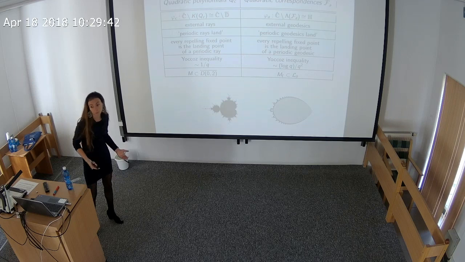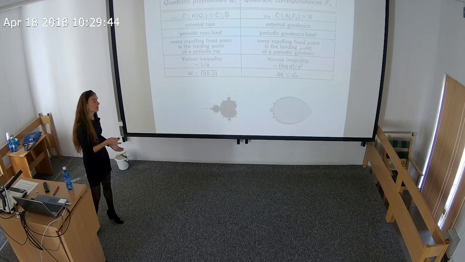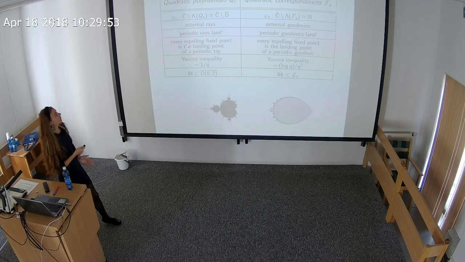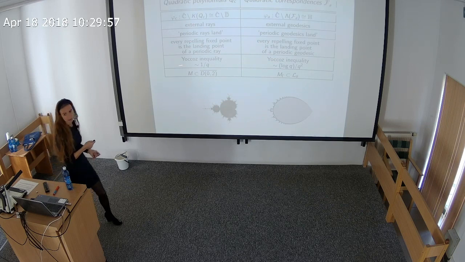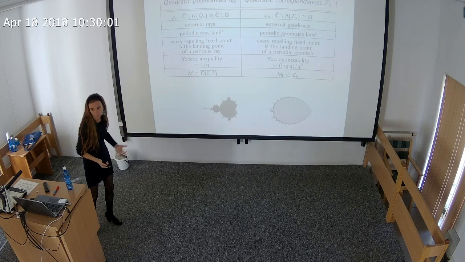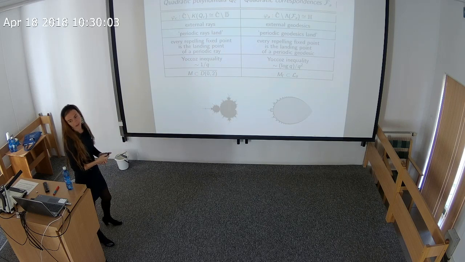And in our world, every repelling fixed point is the landing point of a periodic geodesic. This was very hard to get. And actually, for polynomials, every repelling periodic point is a landing point. In our setting, we didn't manage to get periodic points because the argument uses Sturmian sequences and it's very complicated.